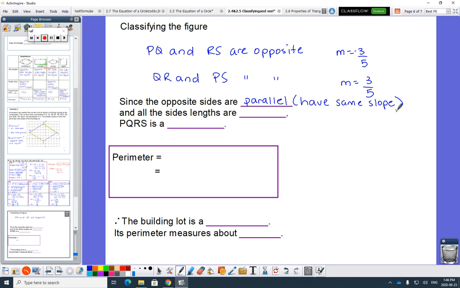They have the same slope. All the side lengths are equal, 29.1. So if they have parallel sides, but all the side lengths are equal, that is what distinguishes it from a parallelogram. So it's a rhombus.